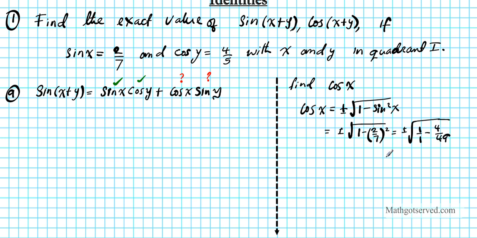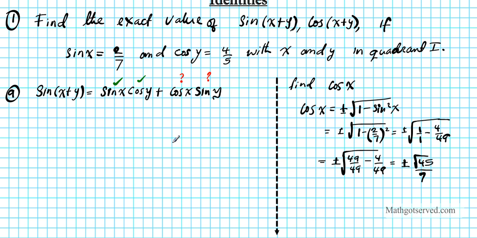Now we find the LCD and combine them: the square root of 49 over 49 minus 4 over 49. Subtracting the numerators, we end up with plus or minus root 45 over 7.